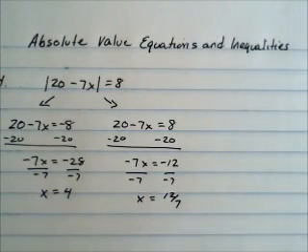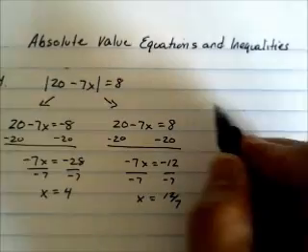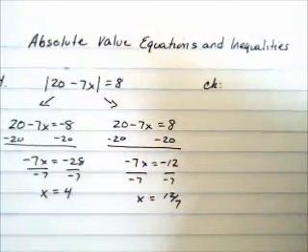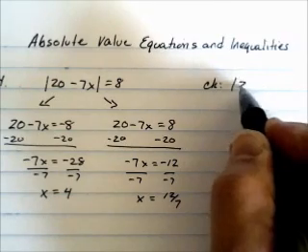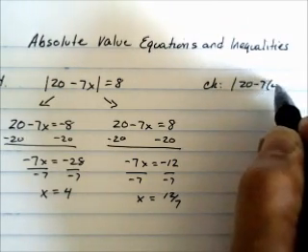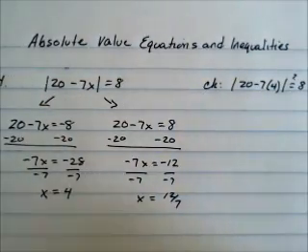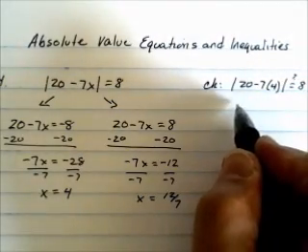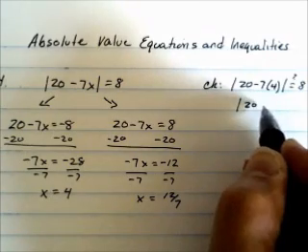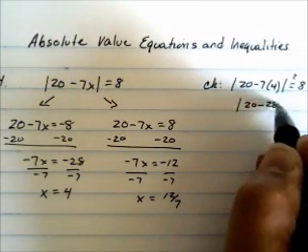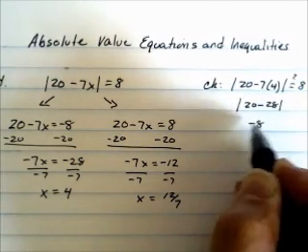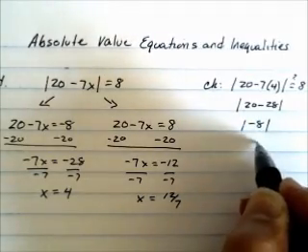So with absolute value equations, we need to check. The absolute value of 20 minus 7 times 4, does that equal 8? 20 minus 28 is negative 8, and the absolute value of negative 8 is 8.